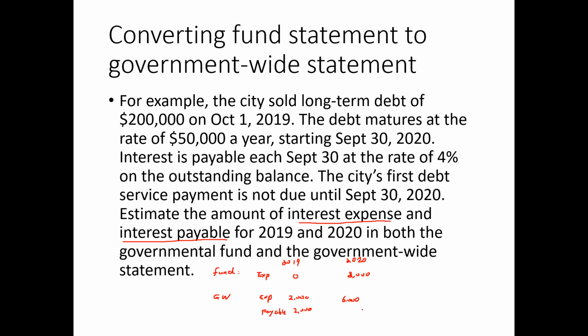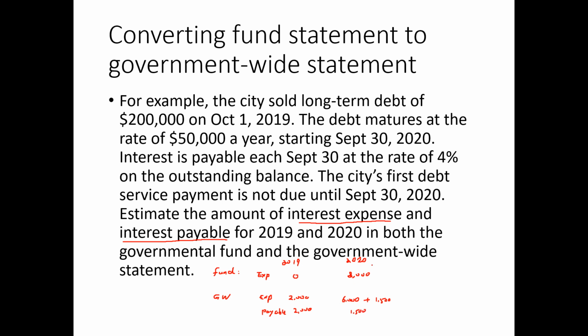Okay, that's September 30th. Then by the end of the year, we need to accrue another three months of interest. Now the principal has been reduced, since we paid off 50,000, to 150,000. 4% of that is $6,000 per year, and for three months that's $1,500 interest expense and interest payable.